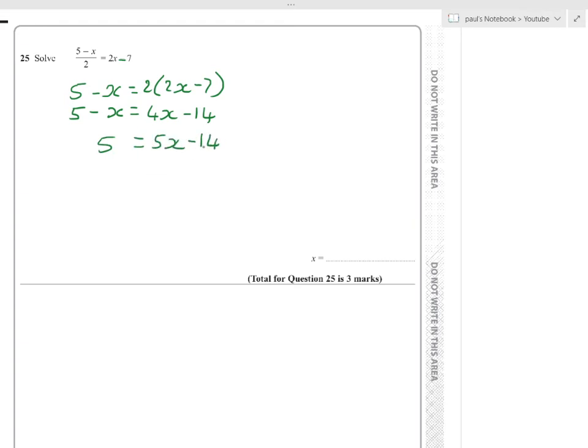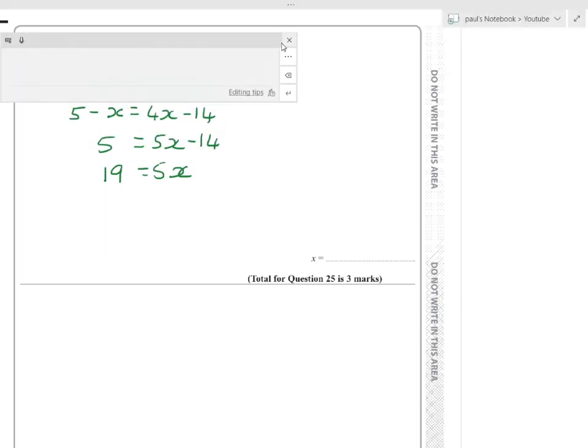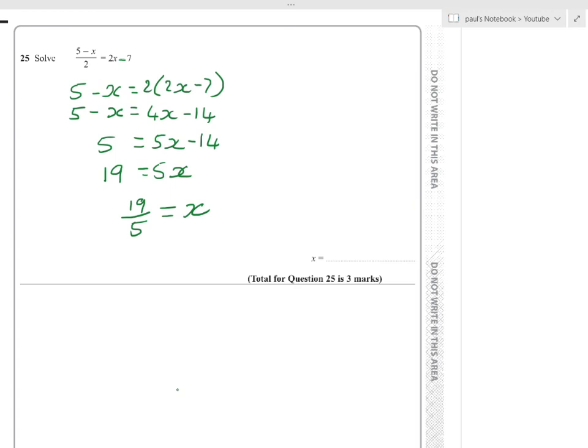Now add 14, which will give you 19 equals 5x. I wonder if I made a silly mistake. So 19 divided by 5 equals x. What do you reckon that is? 3.8. x is 3.8. What a strange number.